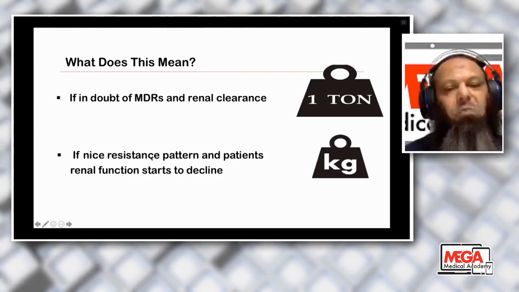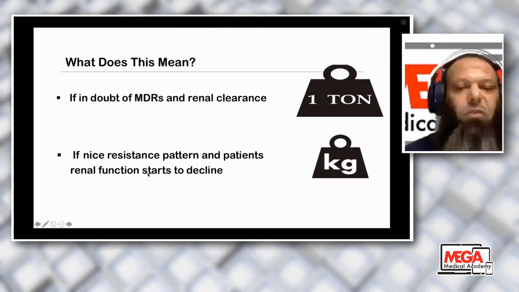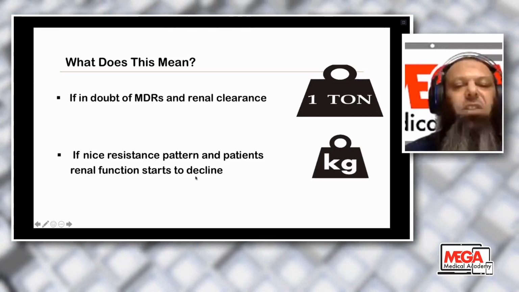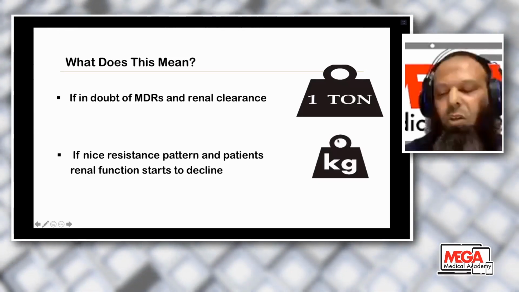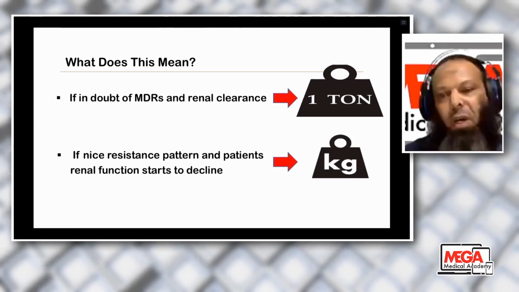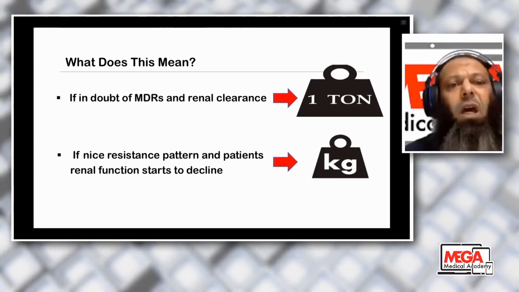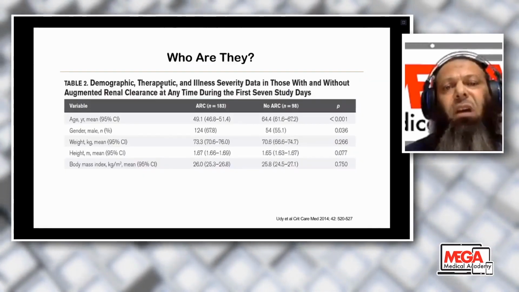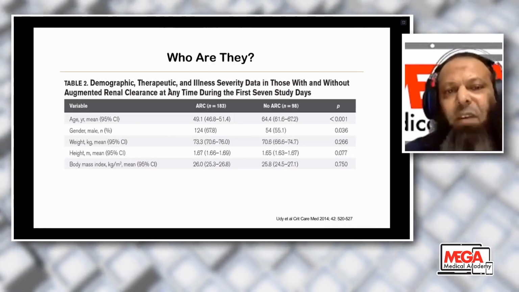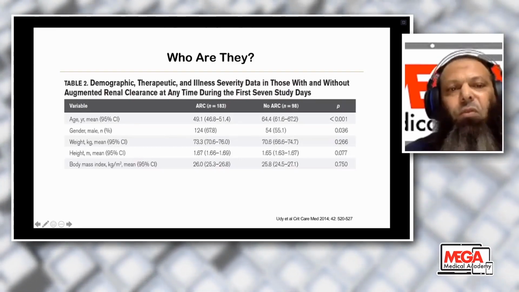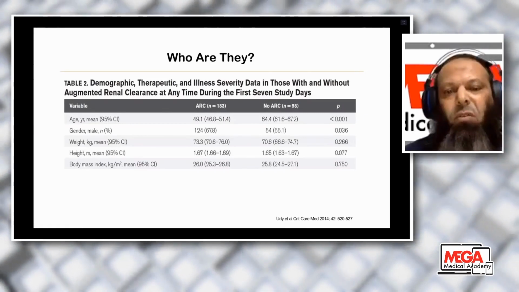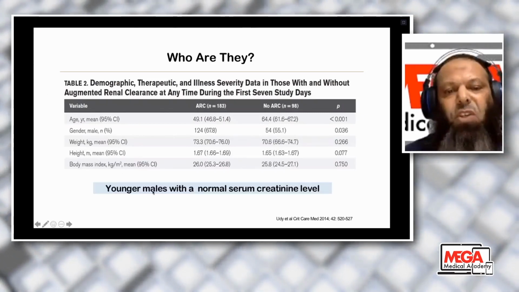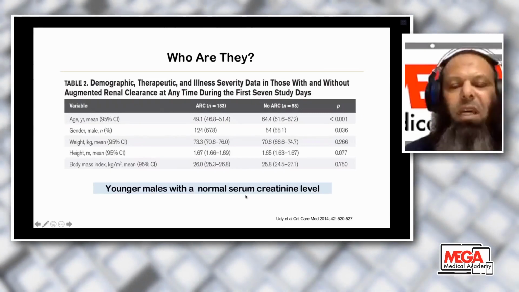If you have a nice resistance pattern on the antibiogram and the patient's renal function starts to decline, you have to de-escalate or narrow your antibiotics. They demonstrated in this study the demographic, antibiotic, and illness severity for those with augmented renal clearance, and they found those patients usually are young males with normal serum creatinine.